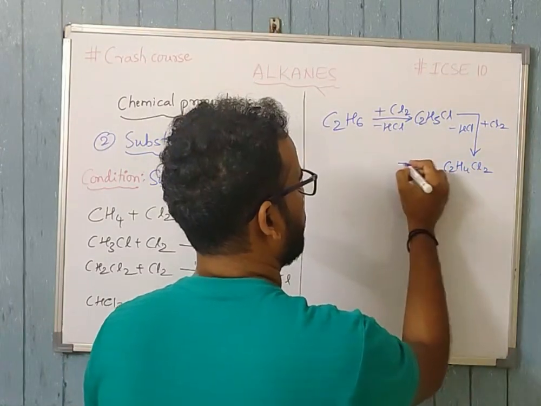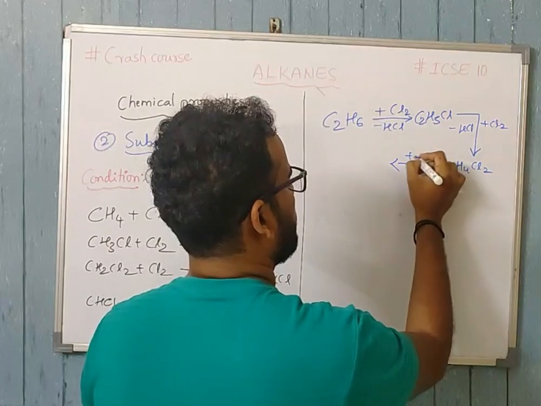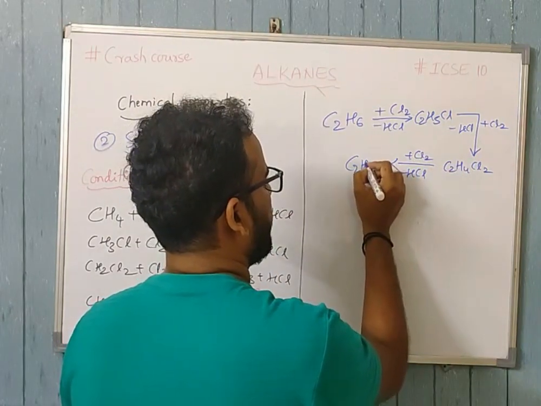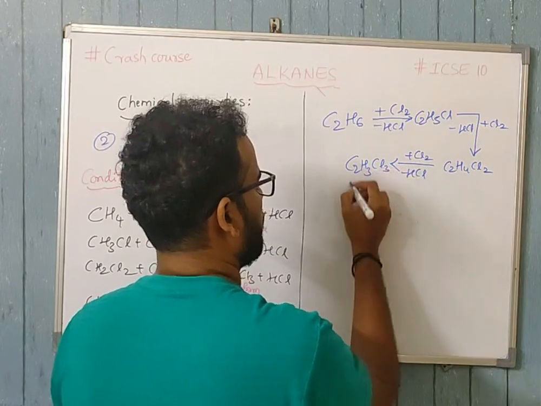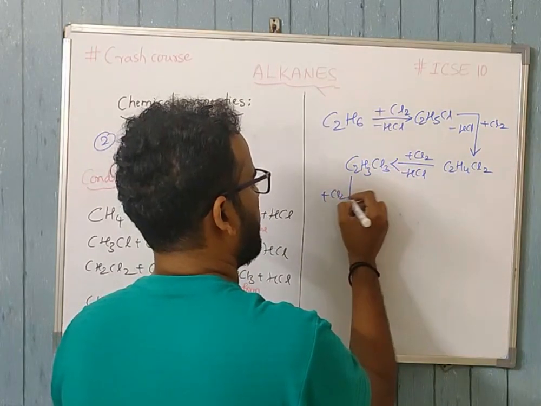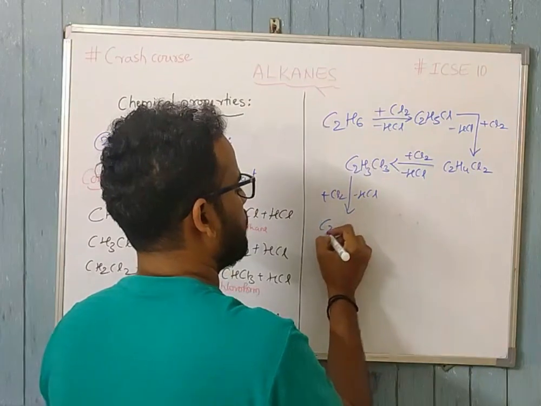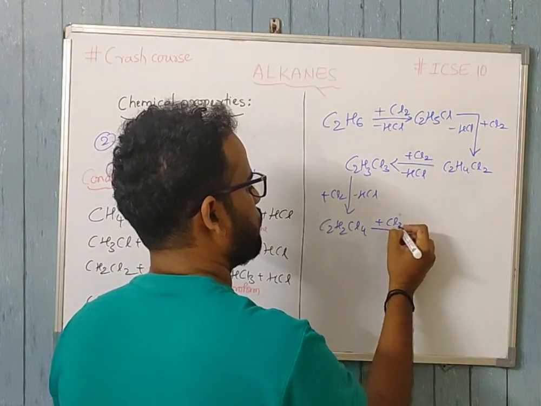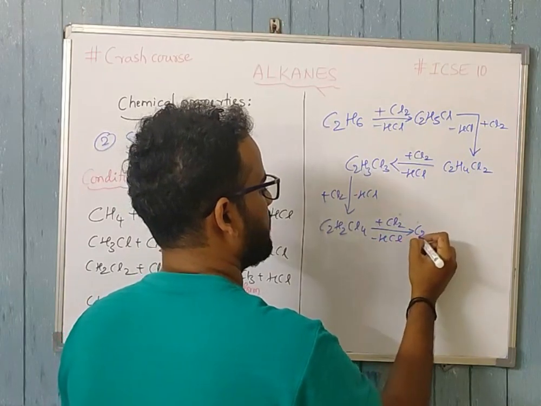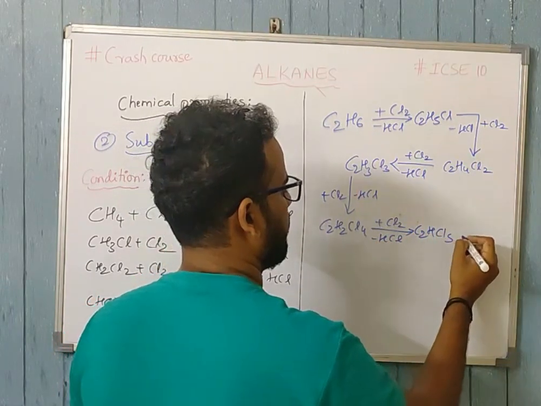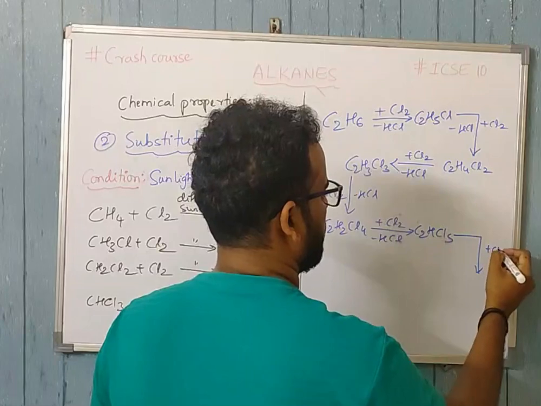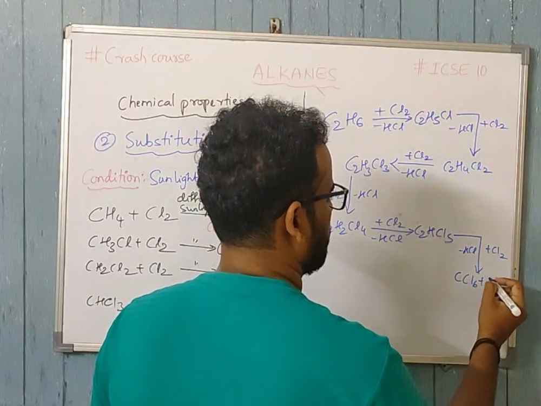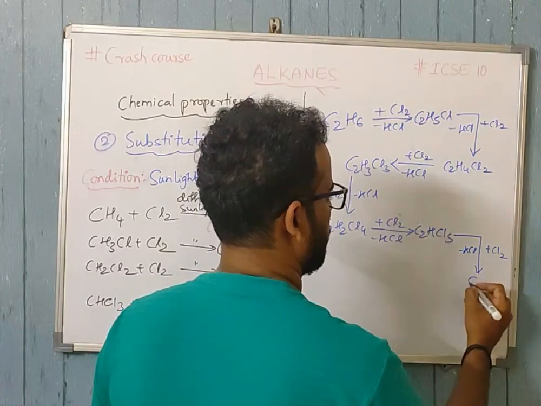C2H4Cl2, proceed further, plus Cl2 minus HCl, C2H3Cl3 plus Cl2 minus HCl, C2H2Cl4 plus Cl2 minus HCl, C2HCl5 plus Cl2 minus HCl, C2Cl6. That's the final product.